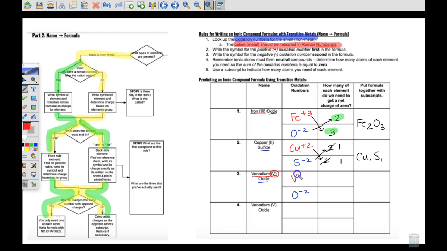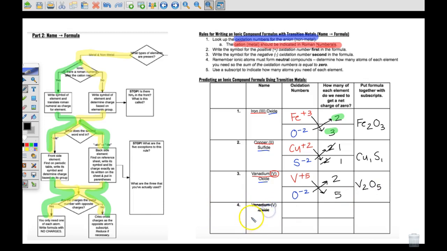So vanadium is a capital V, but because this is our Roman numeral, that means this is a +5 charge. So because 5 and 2 are definitely not the same number, I'm going to have to crisscross them. And I'm going to pull the 2 up, and I'm going to pull the 5 down. So my chemical formula is going to be V2O5.